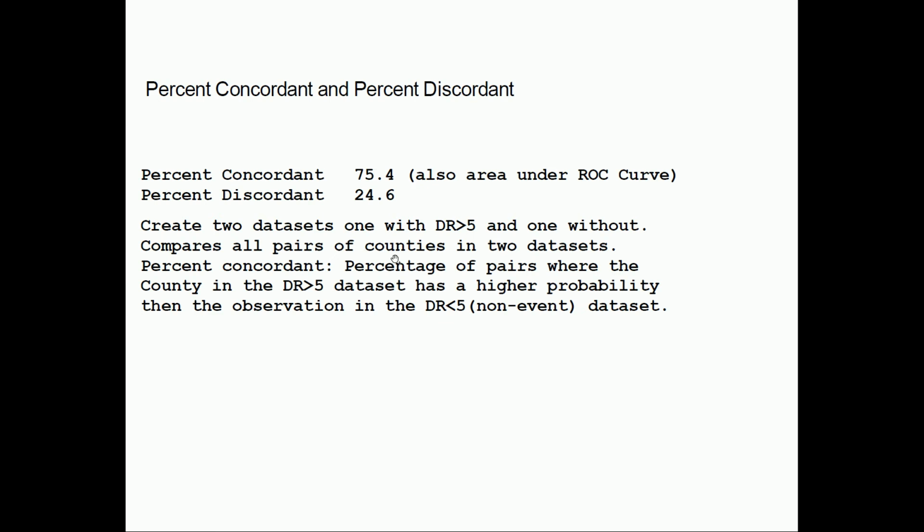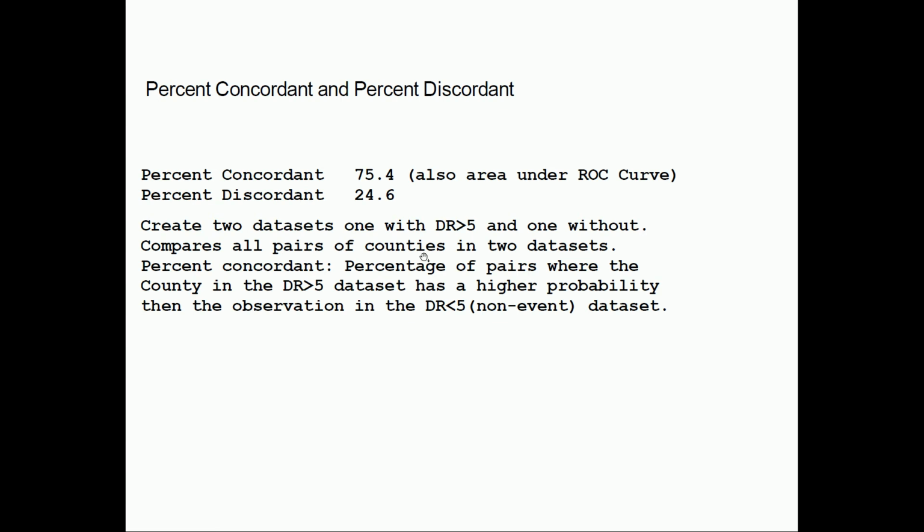Now, percent concordant. This is an important measure of how well your model's doing. The best way to explain this is to create two data sets: one with death rates over 5% and one without, in other words, death rates less than 5%. You compare all pairs of counties in the two data sets.